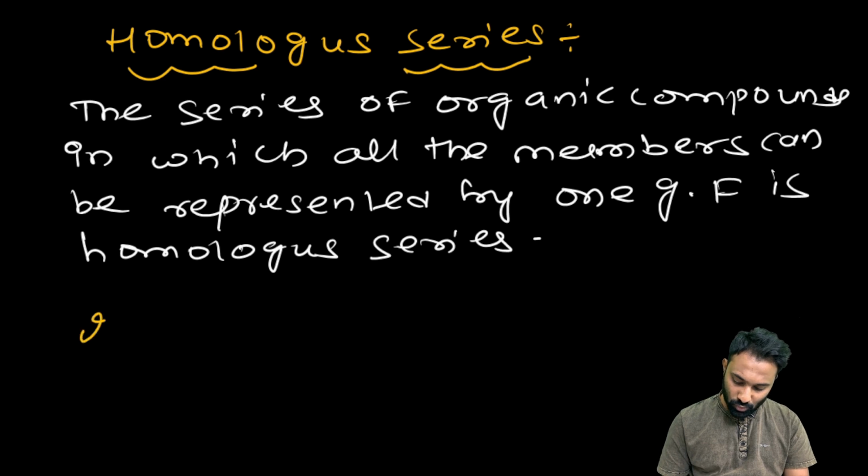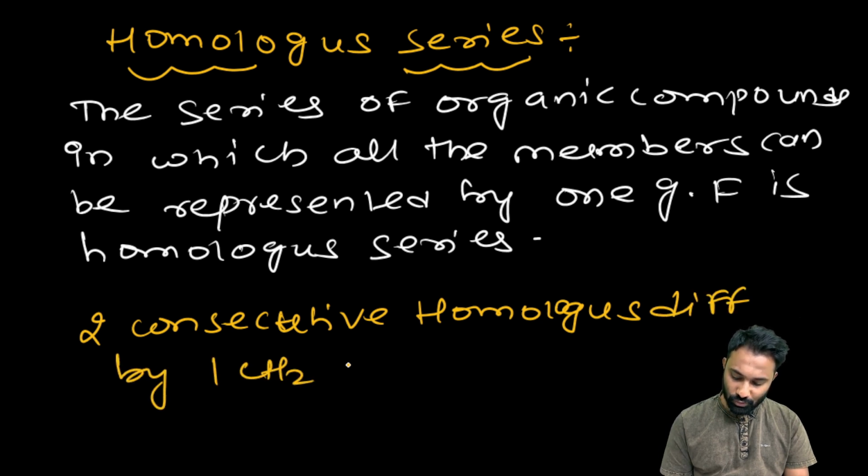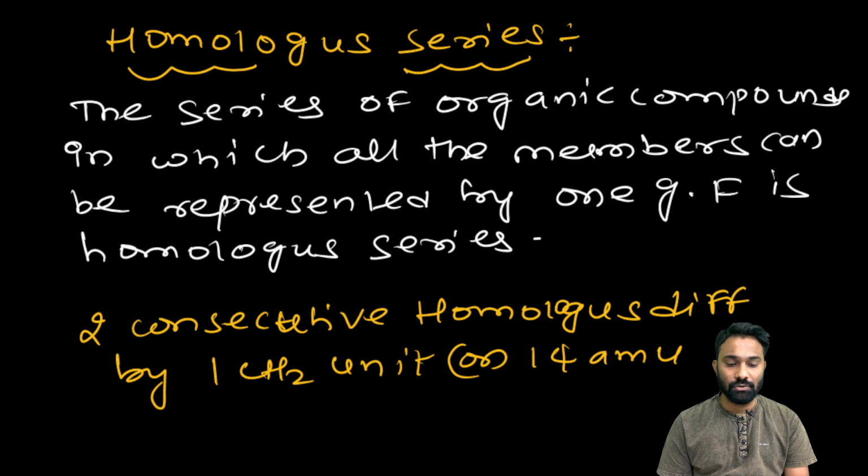Two consecutive homologous members differ by one CH2 unit, or 14 AMU, 14 atomic mass units.